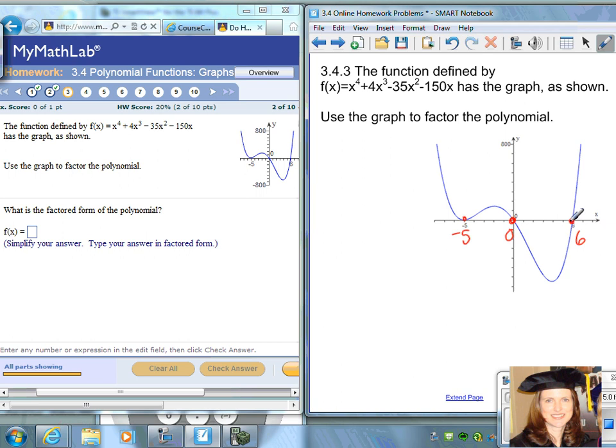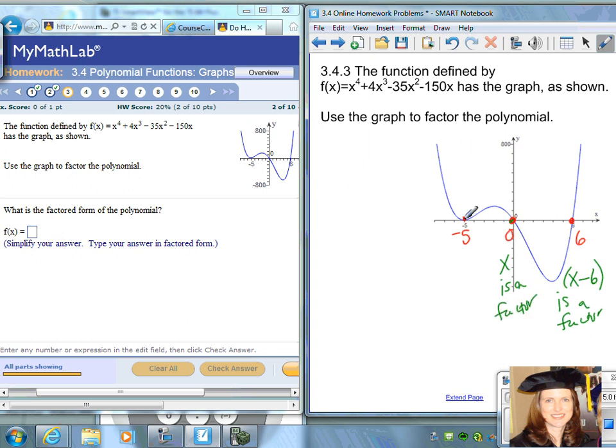If it crosses the x-axis at +6, that means x minus 6 is a factor. If it crosses the x-axis at 0, that means x is a factor.